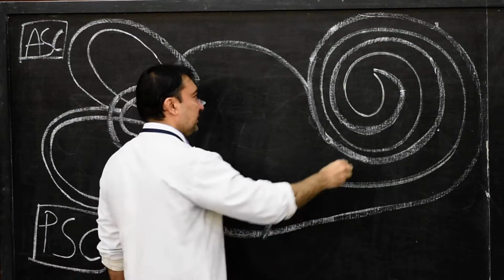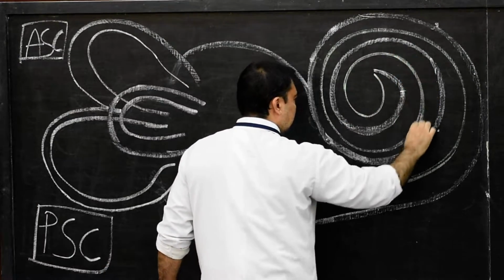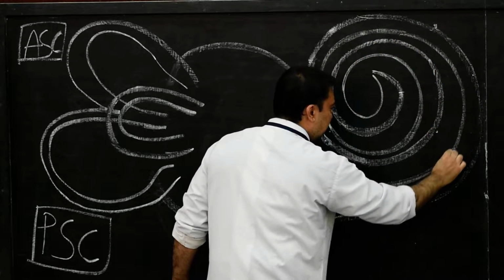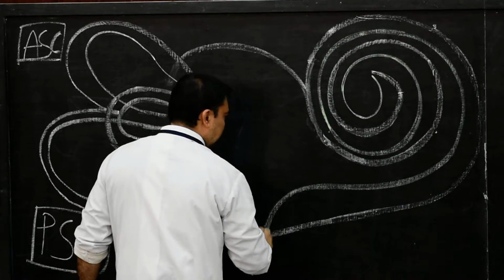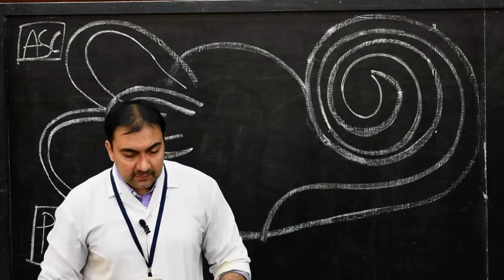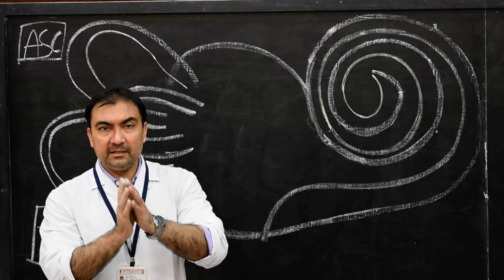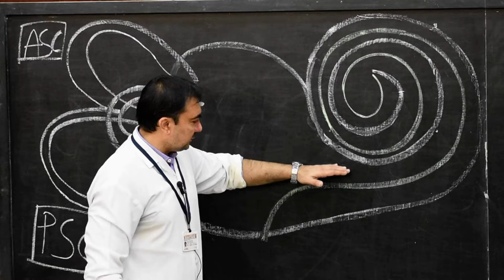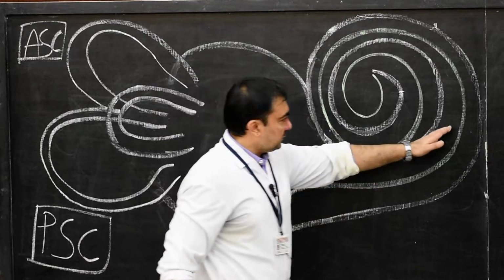Green color, once again I will darken that green color. This will be the osseous spiral lamina, which is present deep inside within the cochlear canal. This osseous spiral lamina along with small portion of basilar membrane will divide the entire cochlear canal into 2 parts, upper part, lower part.